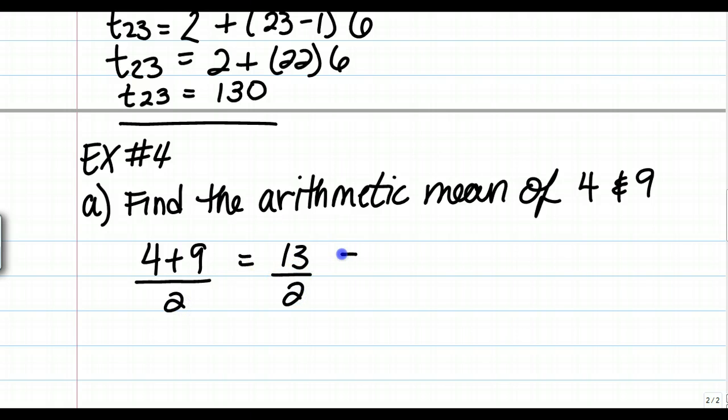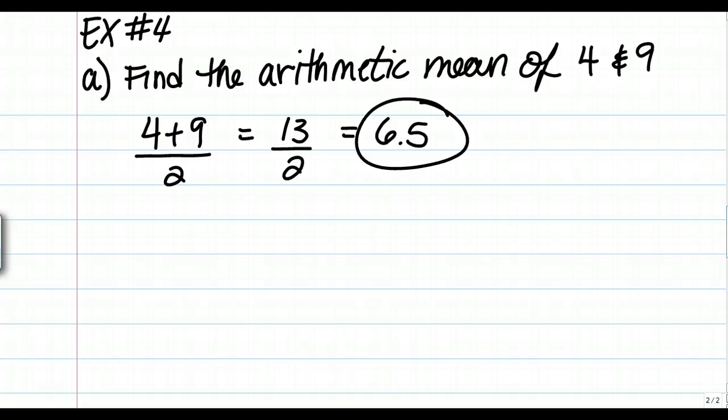You get 13 over 2, which is 6.5. That's your arithmetic mean. Mean is the average: add them together, divide by 2.